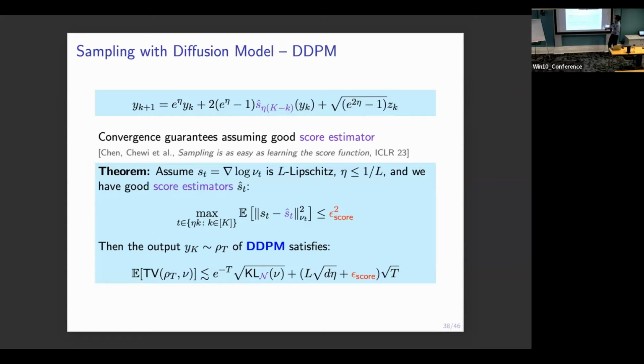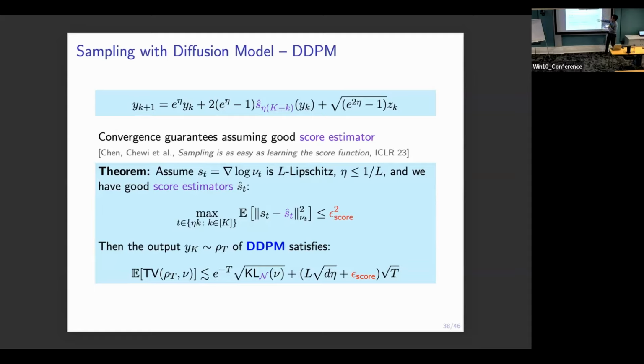Then, just under these conditions, the algorithm will output a sample with this distribution rho sub t that has TV distance bounded by something that goes to 0 exponentially fast with uniform rate here. So this looks like the ideal reverse OU case. But then this is the part that comes from discretization error and then the score estimation error.